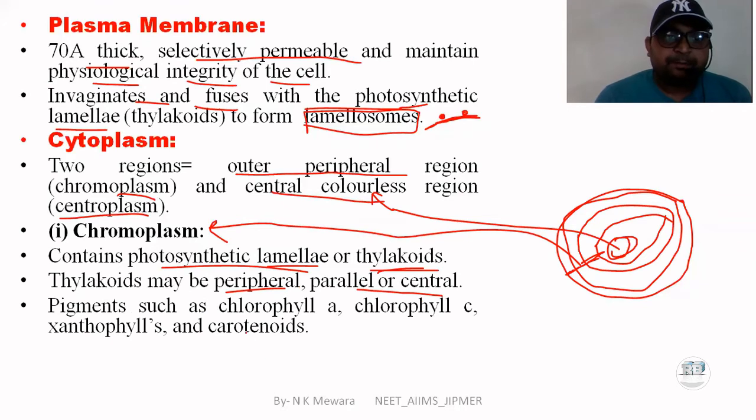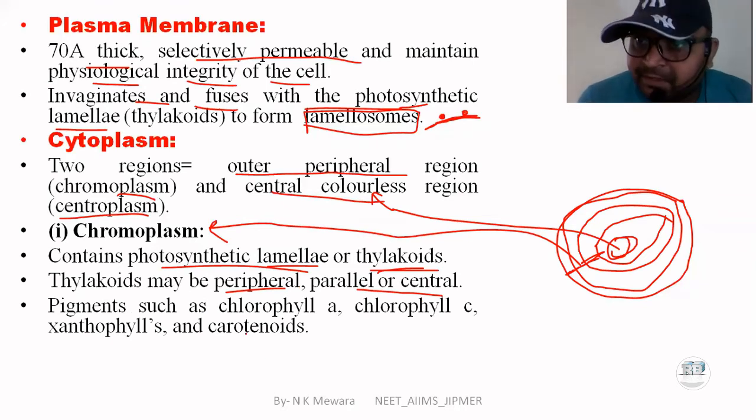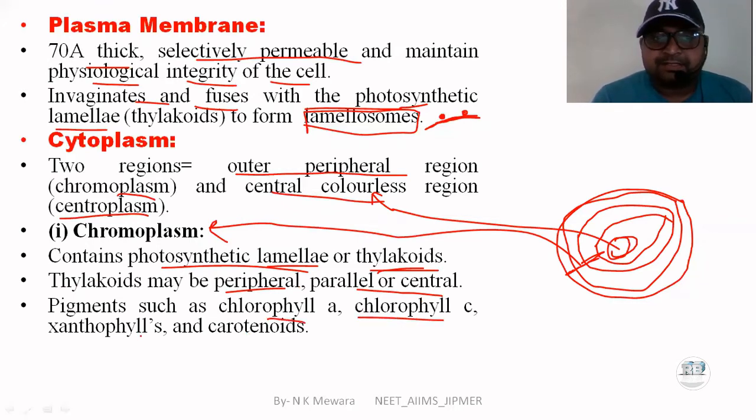Okay, pigments. Which pigments are present in the thylakoid or lamellae? Chlorophyll A, chlorophyll C, xanthophylls and carotenoids. All these pigments are present in the photosynthetic lamellae and circular lamellae.